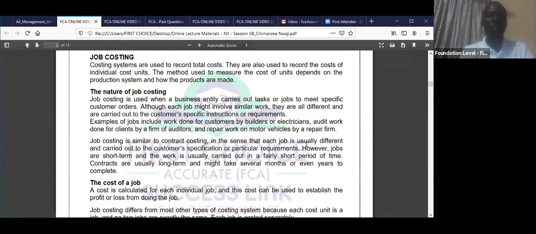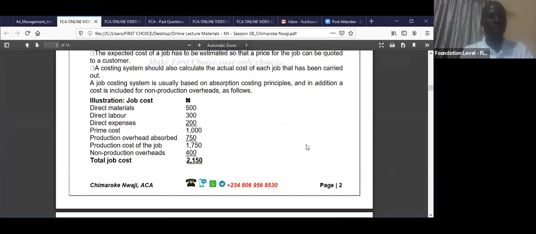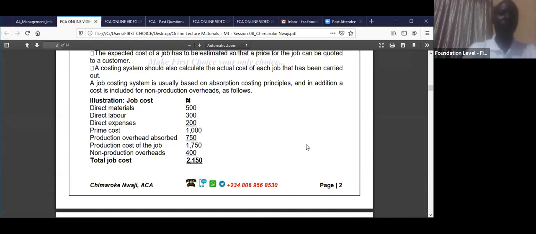And so we looked at how to get a total job cost. We'll add all the direct materials, direct labor, direct expenses. And we said those direct expenses are the expenses that relate specifically to the job itself, that without those expenses, the job may not really be done.